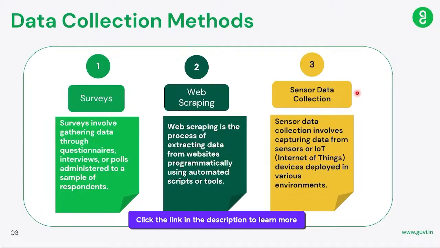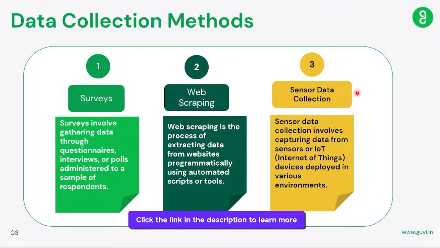The third important point is sensor data collection. Sensor data collection involves capturing data from physical sensors or Internet of Things, IoT, devices. The sensors, you call them IoT devices, can measure a wide range of parameters, like temperature, humidity, motion, and much more.